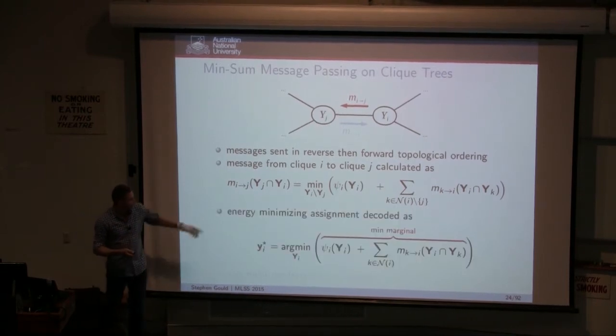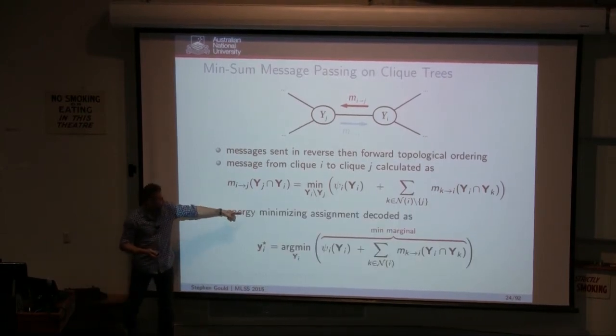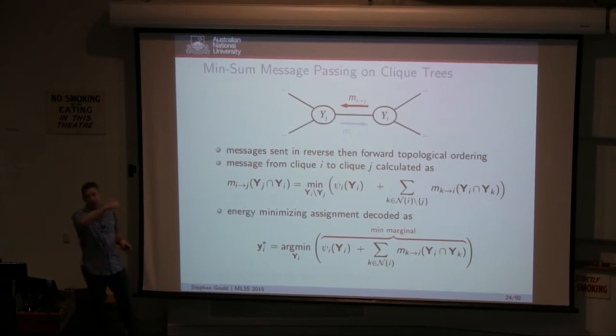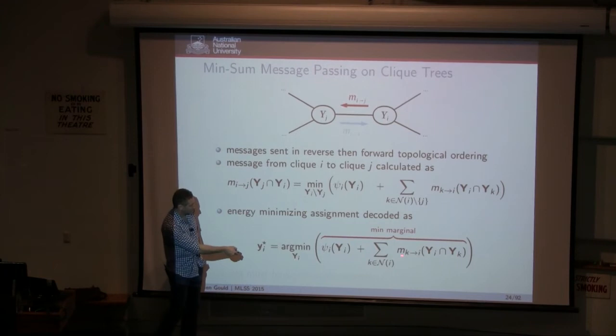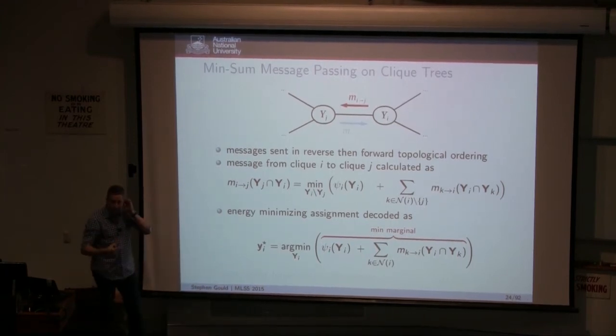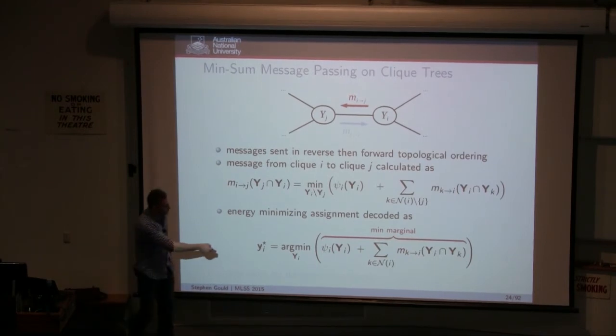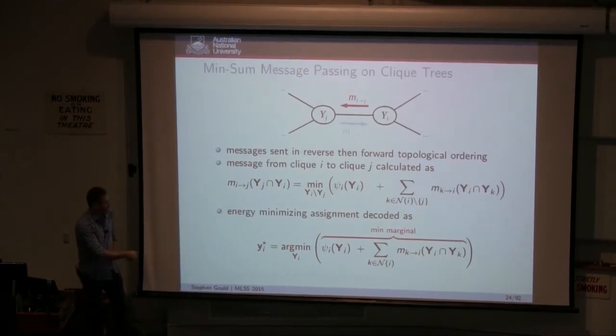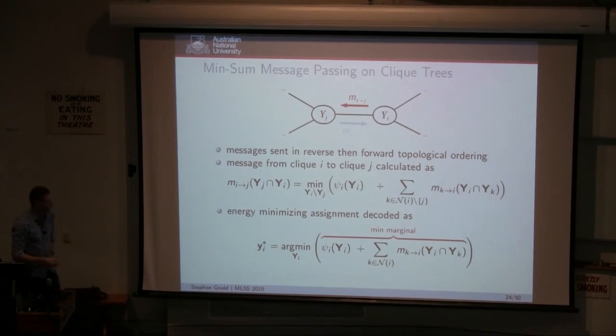Okay? Then you decode your energy by sending messages in the other direction, right? Where you, again, now take your clique potential and all the messages that have come into that clique potential. You add those together, and then you find the minimizing assignment for each node. And this particular term here is called the min marginal.